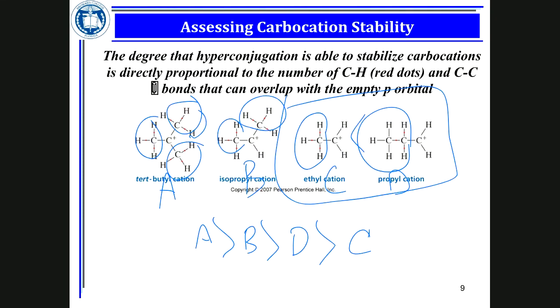But if you have two primaries, one with an ethyl group attached, one with a methyl group attached, the one with the ethyl group attached is going to be more stable. So we have propyl cation more stable than methyl cation. More hydrogen, better electron distribution.